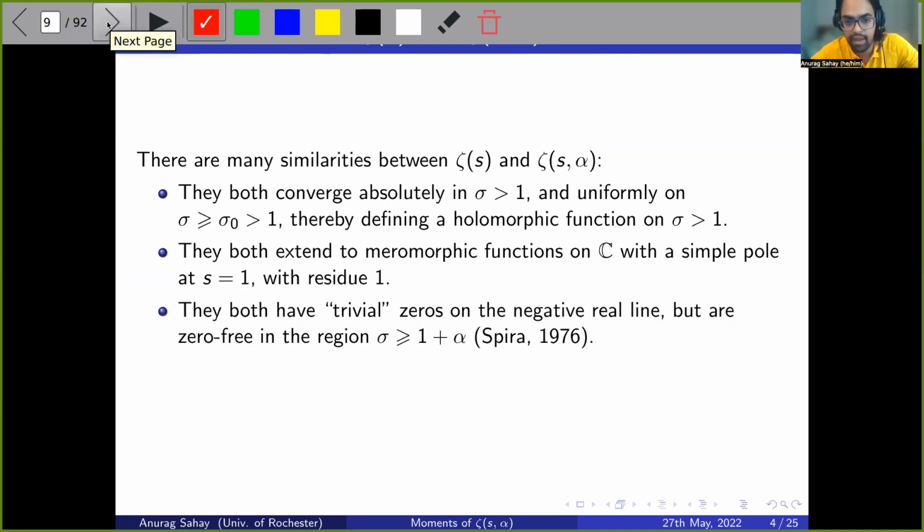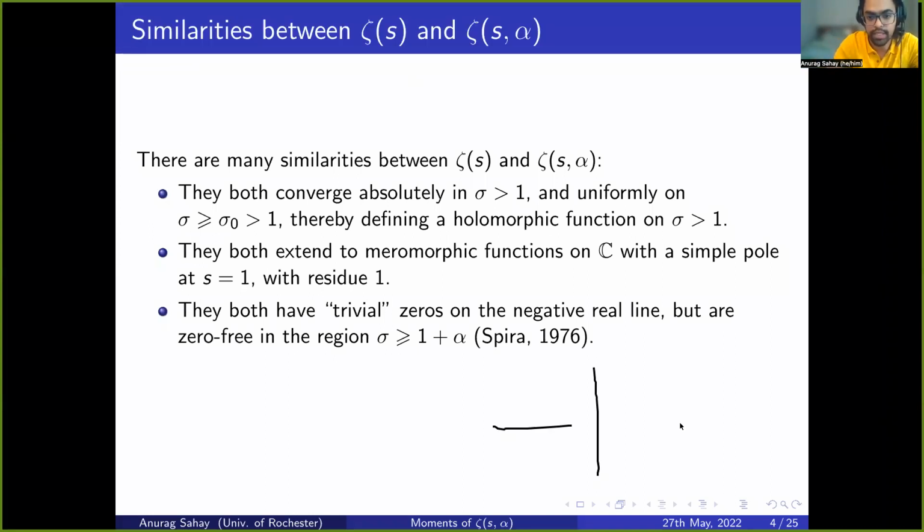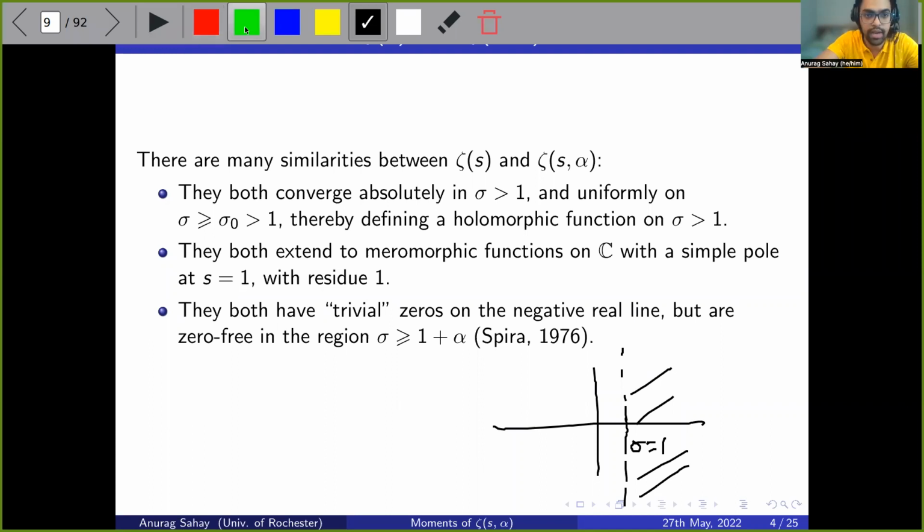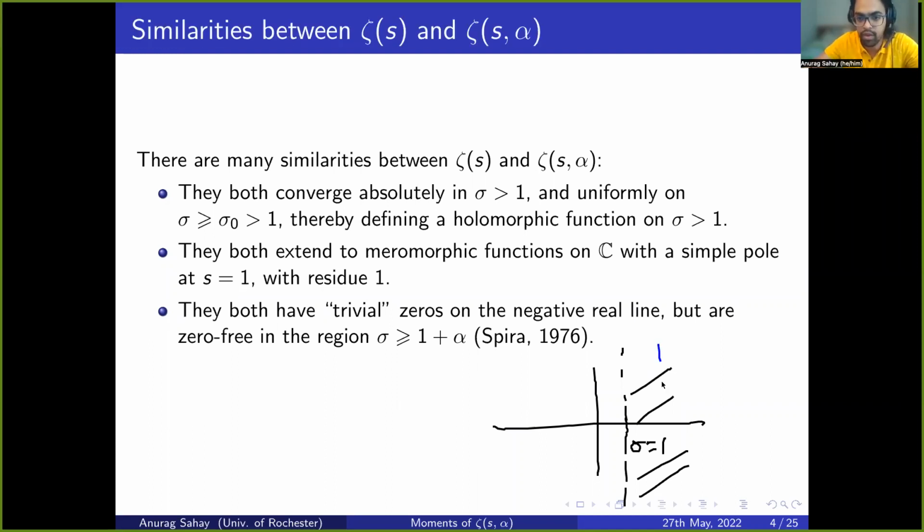They both have trivial zero-free regions. What I mean is the following. If you think about where zeta is defined, this is the complex plane. This is sigma equals 1. In this part of the plane, you know that zeta doesn't vanish by the Euler product. That argument doesn't go through for the Hurwitz zeta function, but you can show there's another line a little further off over here, which is sigma equals 1 plus alpha.